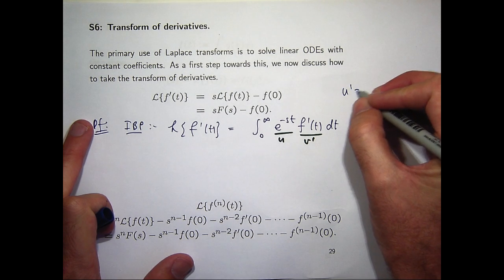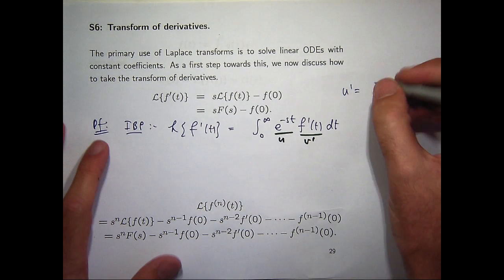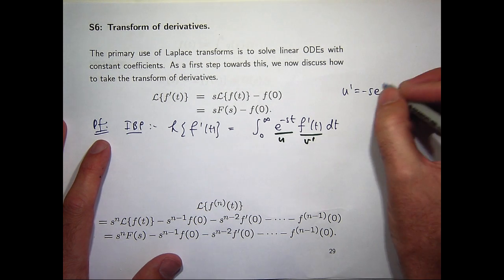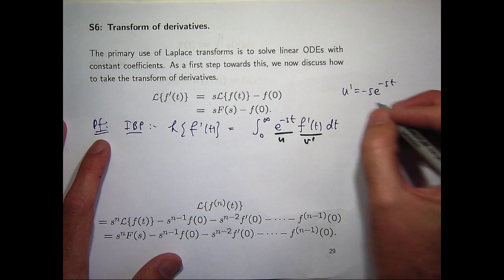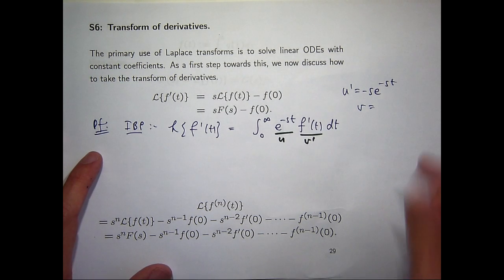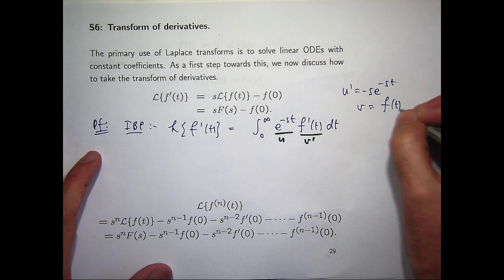So u dash, if you differentiate with respect to t, is going to be minus s e to the minus st, and v is just the integral of this, so it's just f of t.